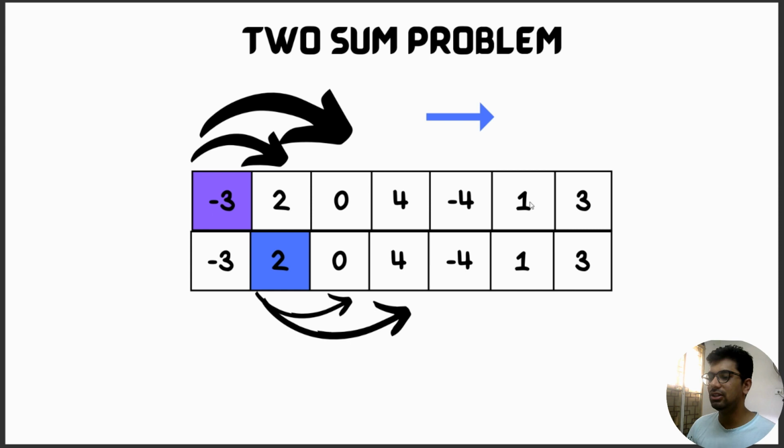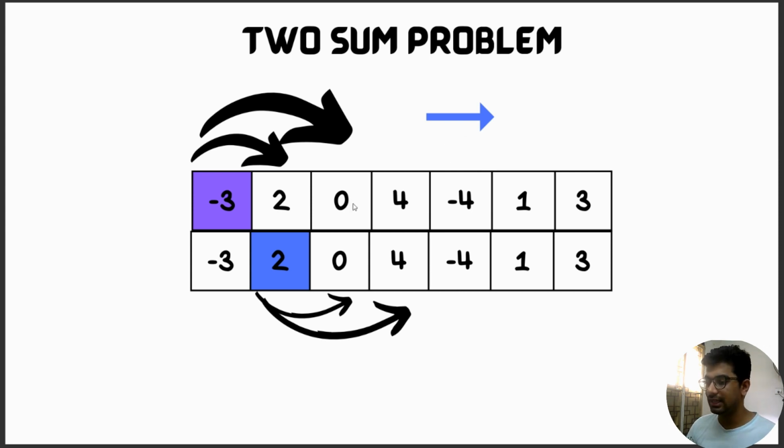So we will return 0 and 6. Likewise, if these numbers were not there, then 4 and minus 4 also sum to 0. The indices of these two numbers are 3 and 4. So we will return the indices of the numbers which can be summed up to get the target value.